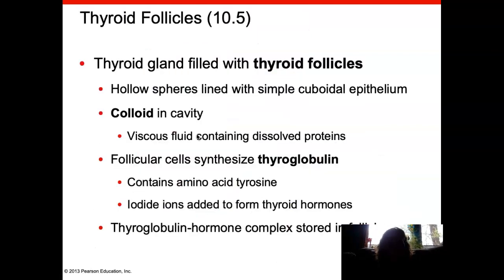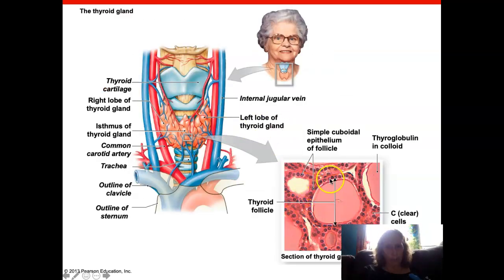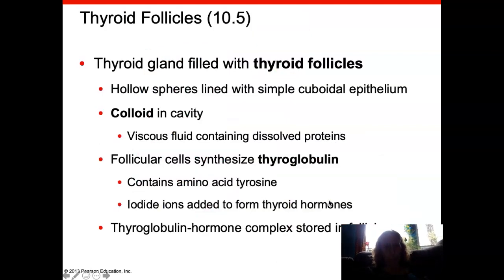So the thyroid gland is filled with thyroid follicles. If you were to look at the tissue, you would find simple cuboidal cells, which often secrete. So here's our thyroid follicle. They're hollow, and inside is this viscous fluid containing proteins.